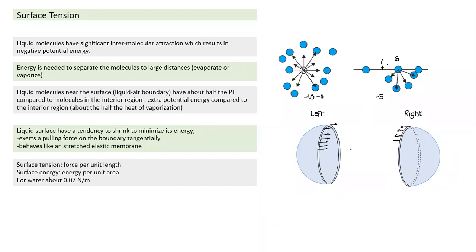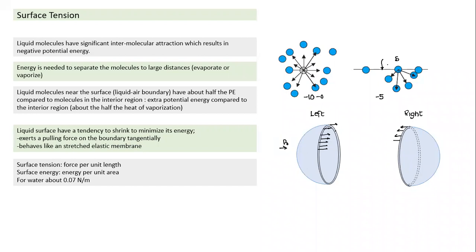If I analyze this bubble, what other forces are acting? There is a contact force between the left and right, acting all along the perimeter of the circle, on the outer circle as well as the inner circle. In addition, there is a pressure force. Outside pressure is P naught.